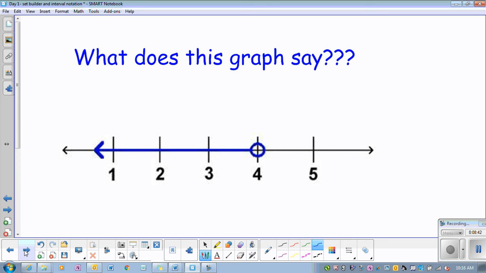So let's look at this graph. What does this graph say? X is what? What is the number? Good. X is less than 4.